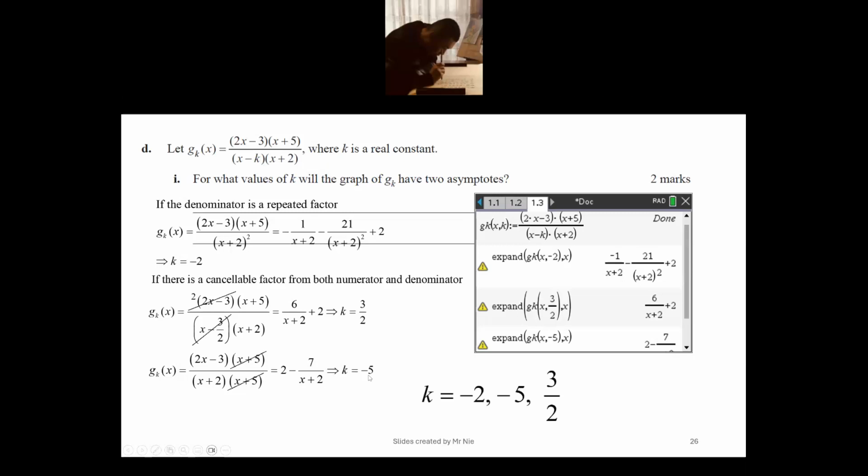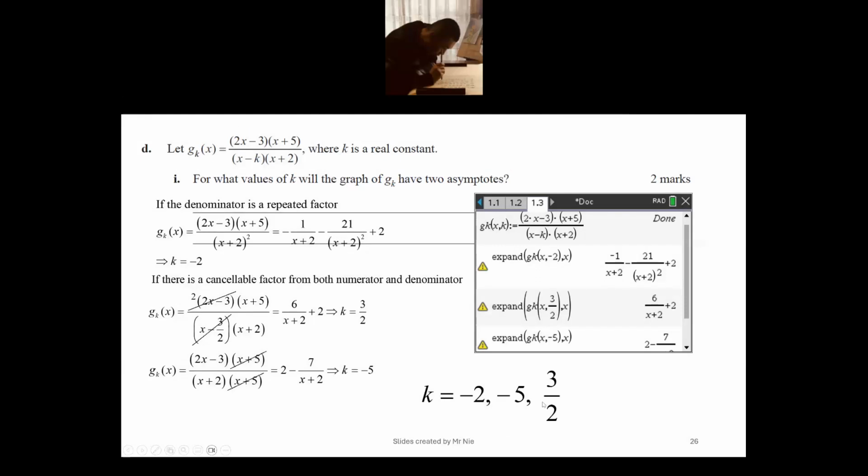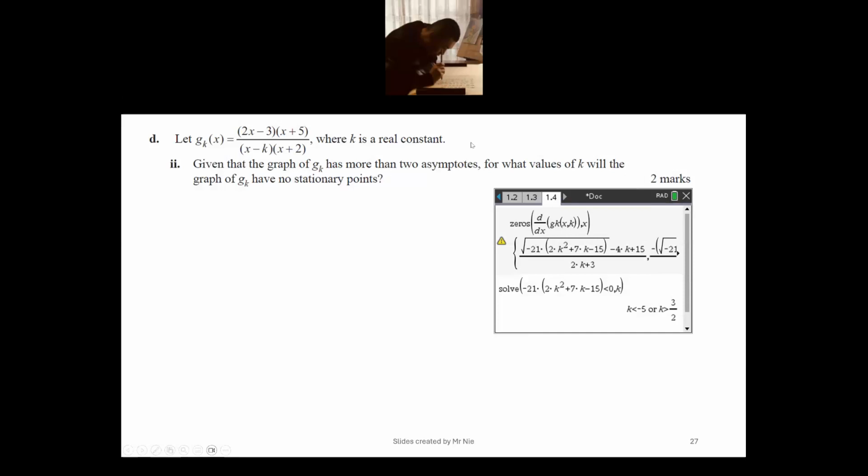The second part says, given that the graph of g k has more than 2 asymptotes, that means we cannot take these values. Then we would like to find for what values of k will the graph of g k have no stationary point. So basically, you can differentiate the function g k of x with respect to x and set it equal to 0.